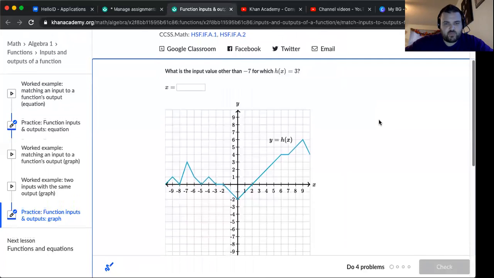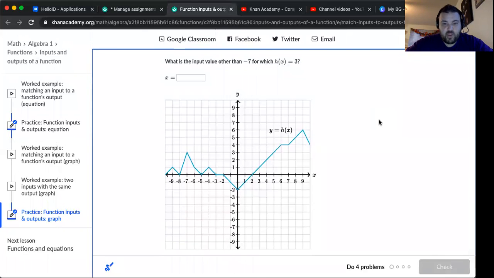So the question here is, what is the input value other than -7 for which h of x equals 3? We'll talk about the other than -7 here in a second, but let's just first start with the second part of it. They're saying for which h of x equals 3.